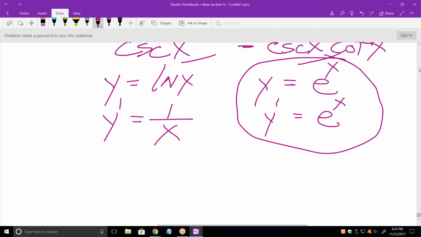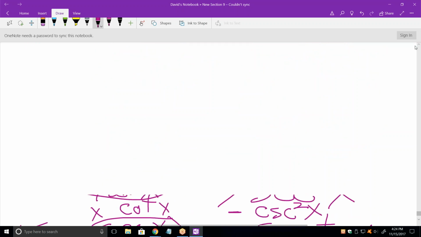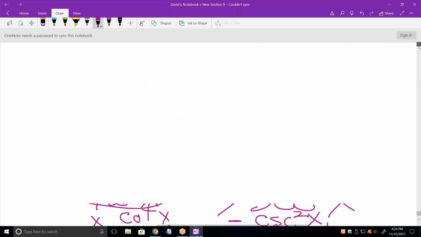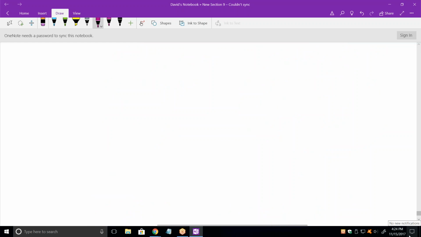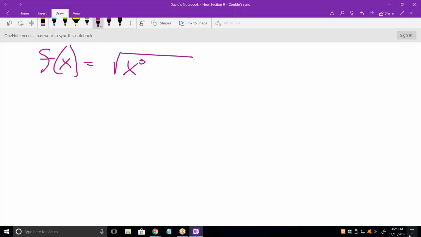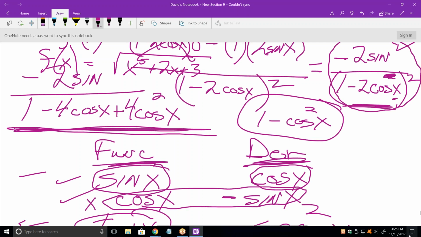I've got to figure out what's going on here. Let me work on this page right here. Hopefully writing won't disappear. What was it again? It's the square root of x to the 5th plus 2x plus 3, and that's all under the square root.